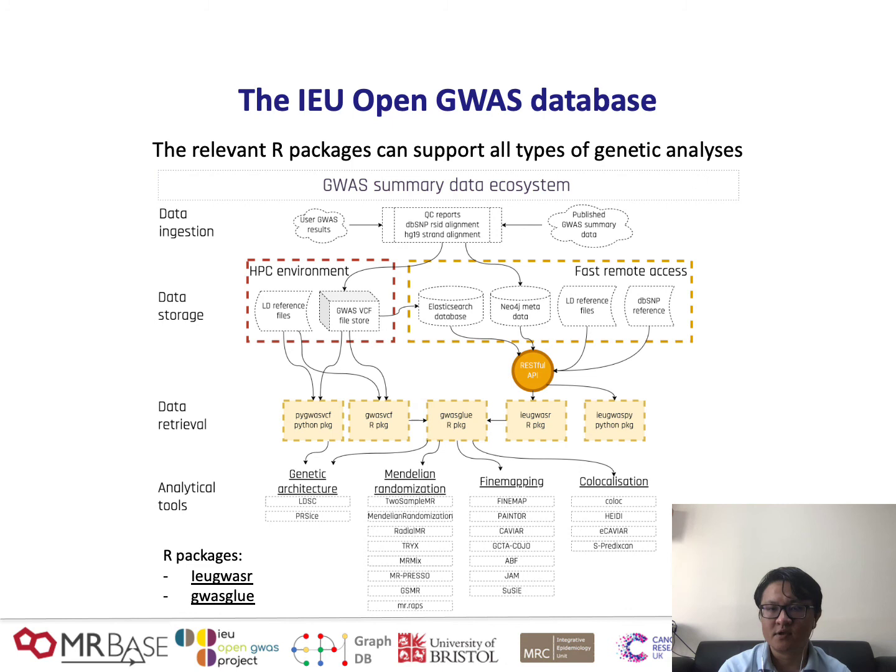These R packages can be used to support all types of genetic analysis using GWAS summary statistics. This includes LD score regression, fine mapping, and genetic colocalization. Hope the ecosystem could make your research life easier.